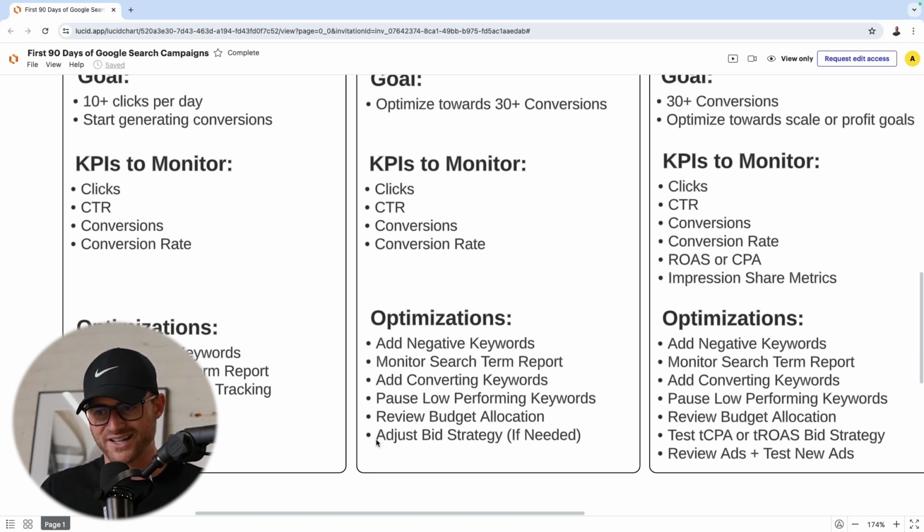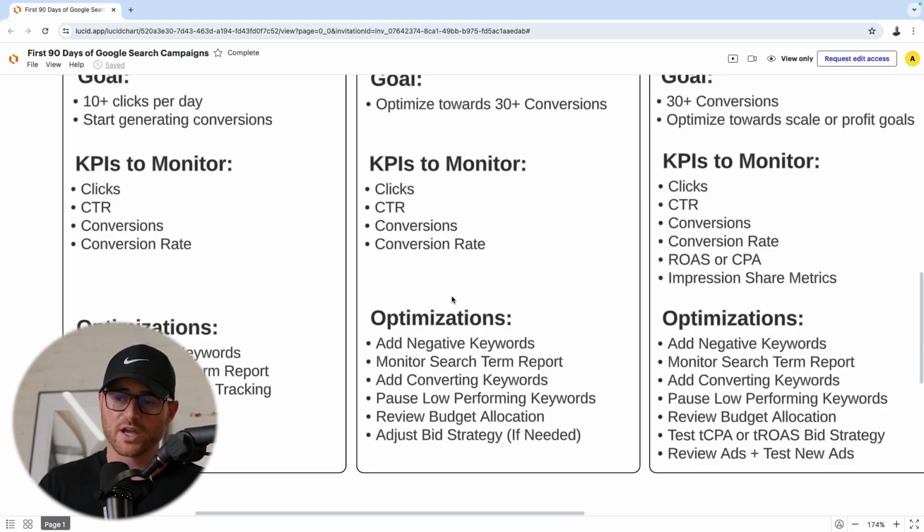Then adjusting bid strategy. So again, I go real deep in this in the other YouTube videos, especially the bidding masterclass, but also the 2 search YouTube videos I've already talked about. In the beginning, month 1, you're more than likely, as I've mentioned before, on max clicks, manual CPC, or potentially max conversion out of the gate.